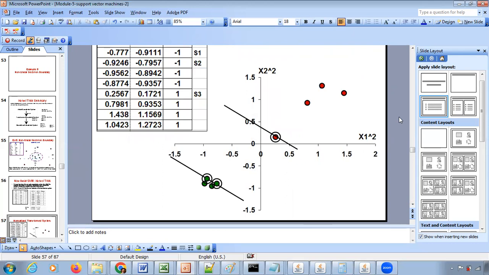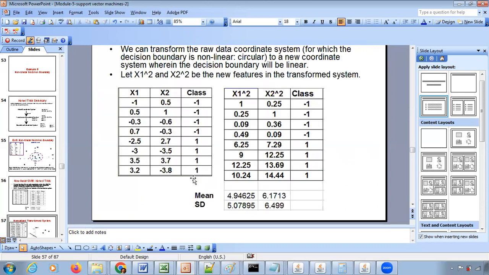As I said, normalization doesn't change the distribution of the data points. And we see that there is a linear decision boundary possible between the two classes if you view it as x1 square and x2 square. So that's what we're going to do here first.